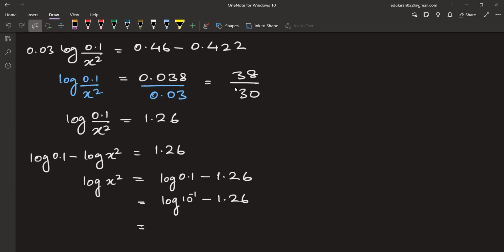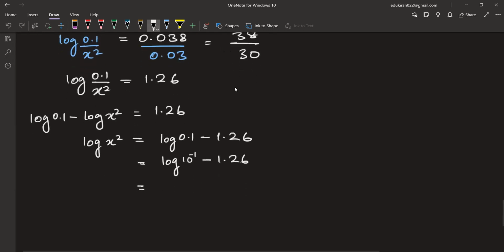Now this will be equal to minus 1 log of 10 minus 1.26. ये आपके यहाँ पे कितना आ रहा है, log 10 will be equal to how much? 1. So this is minus 1, so it will be 2.26 negative में.